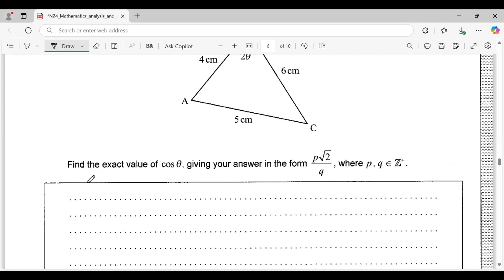Right. We are going to use the cosine rule. Cosine 2 theta equals AB squared plus BC squared minus AC squared over 2 times AB times BC.